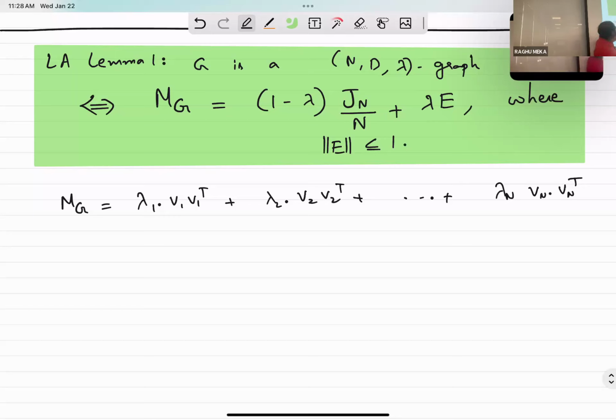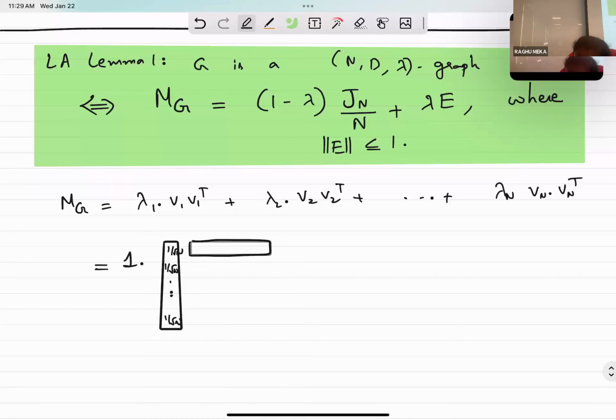Okay. Now, for MG, we know that the first one is 1 and the all ones vector is an eigenvector, right? But we need to normalize it so that its L2 norm is 1. So this is going to be 1 times the vector which is 1 over root n, 1 over root n, all the way up to 1 over root n. Right. So this is the all ones vector scaled so that it has length 1.